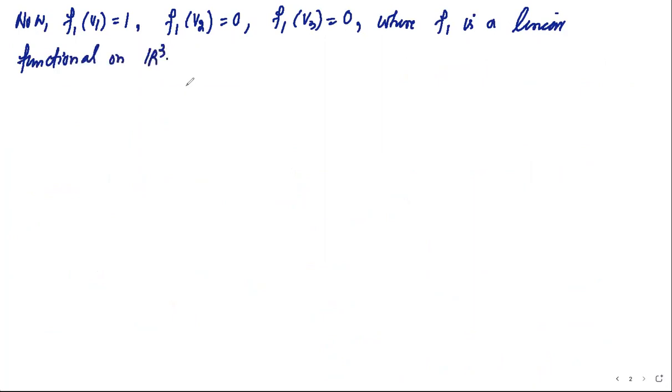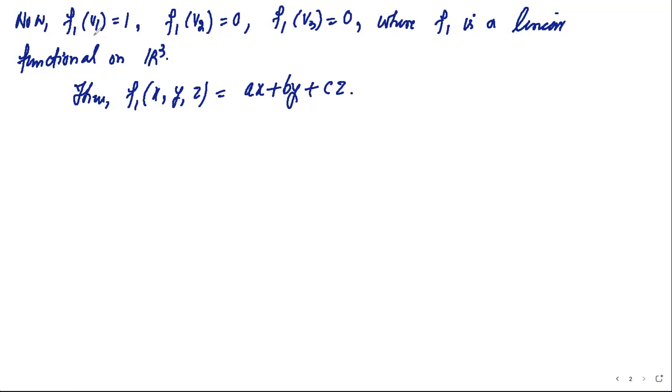Since we have studied in the previous lecture how these linear functionals look on Rn, f1 of (x, y, z) will be of the form ax plus by plus cz. And similarly, f2 of (x, y, z) will be of the form ax plus by plus cz, and f3 of (x, y, z) will be of this form ax plus by plus cz.